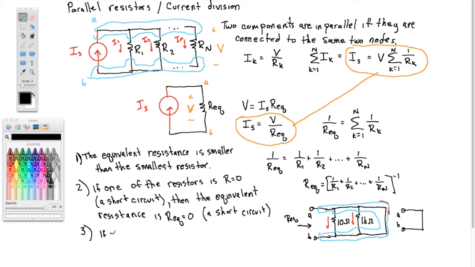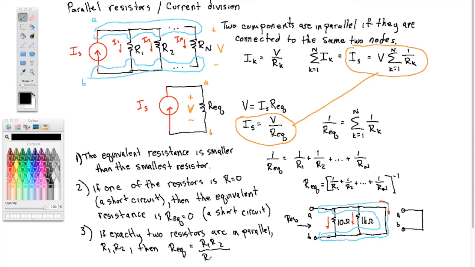If exactly 2 resistors are in parallel, let's say R1, R2, then the equivalent resistance is the product over the sum, R1 R2 over R1 plus R2. And I'm going to use this quite a bit, and I'm not going to show the calculation when I do use it. I'll just say product over the sum.